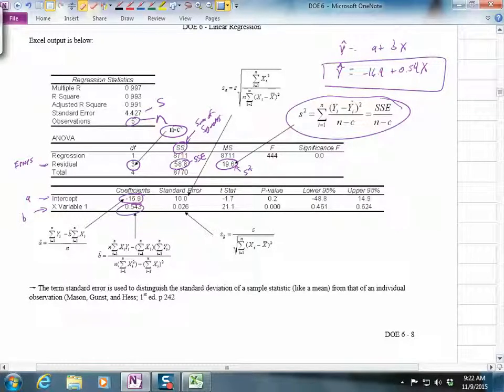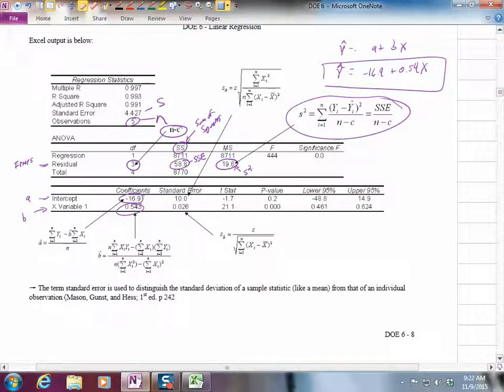In ANOVA speak, it's called the mean squared. ANOVA is just analysis of variance. We haven't talked about it, so the s squared you can get there, or you can get s from up there. It's a bit redundant information, but that's fine.